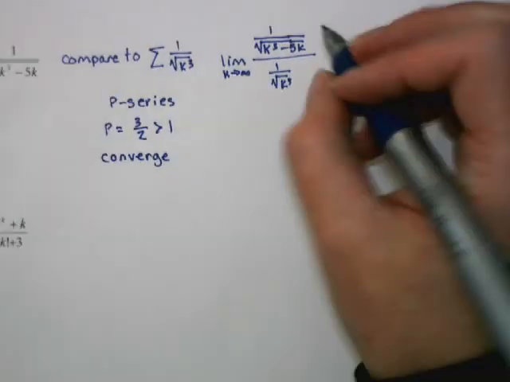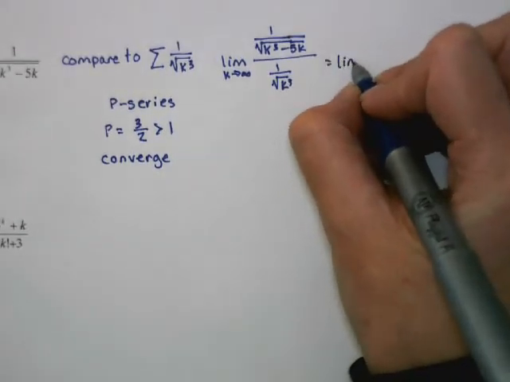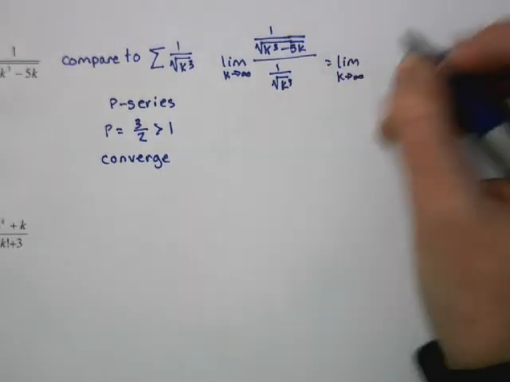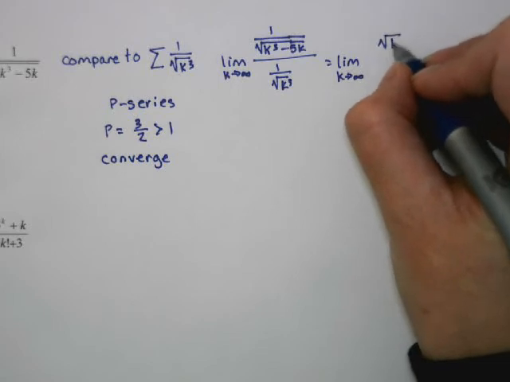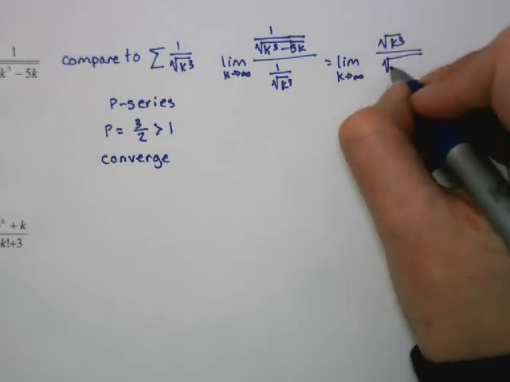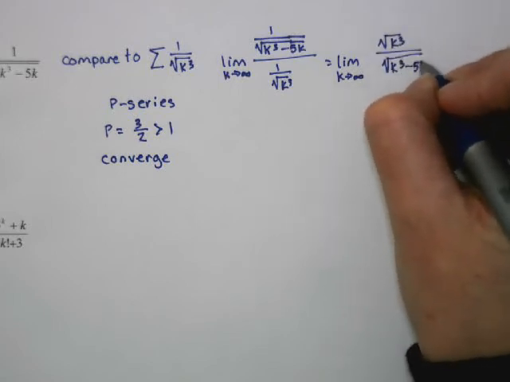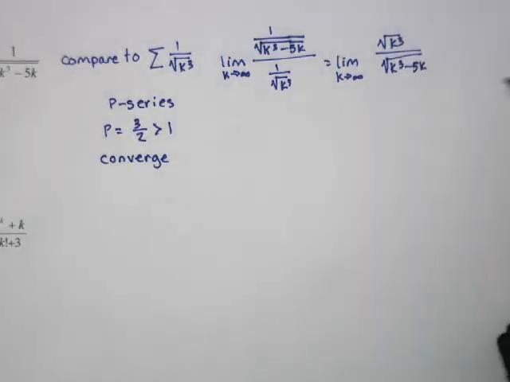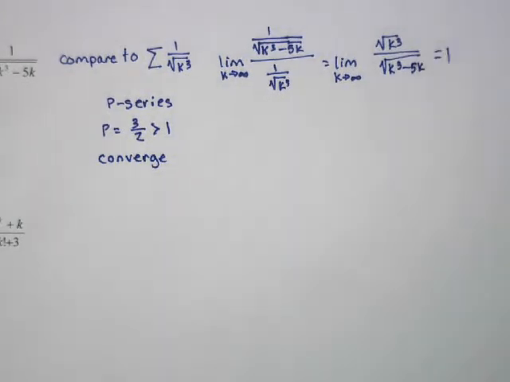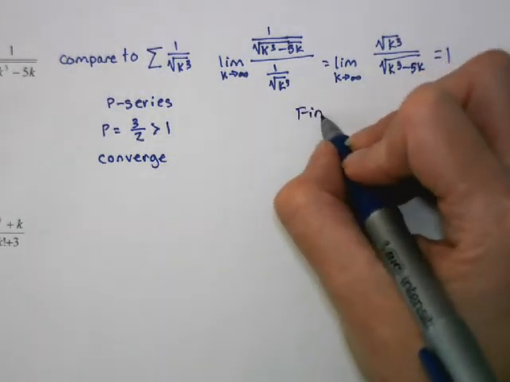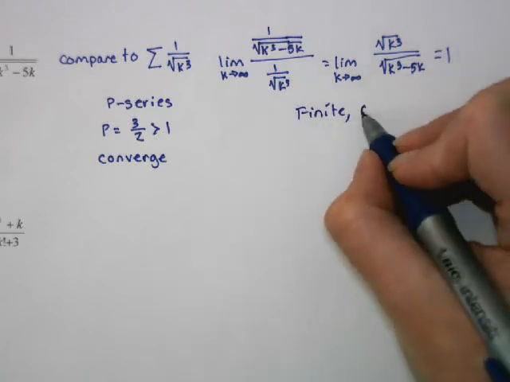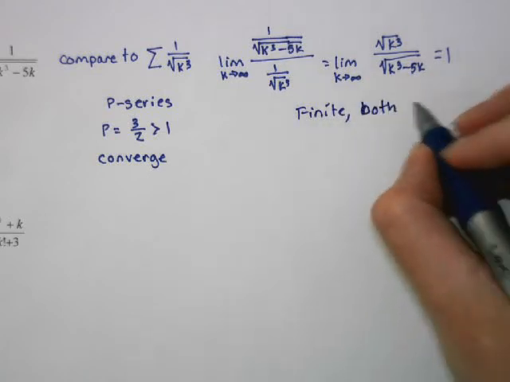So we'll multiply by the reciprocal. So we'll have root k cubed over root k cubed minus 5k. So again, these are going to have the same degree, so we again get a limit of 1. So they both converge.